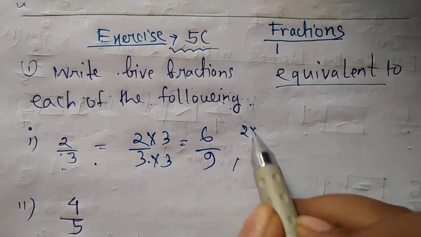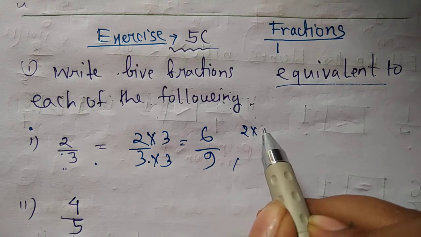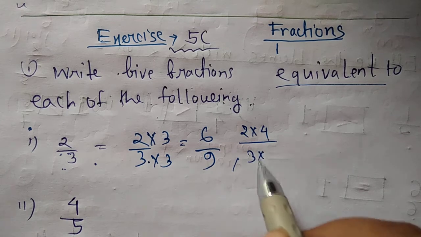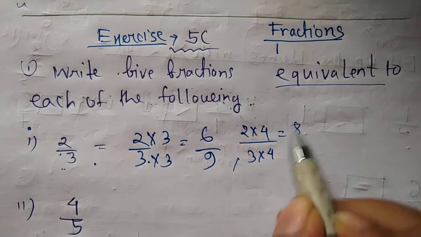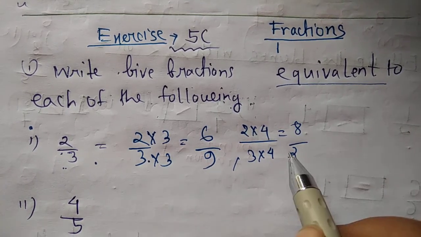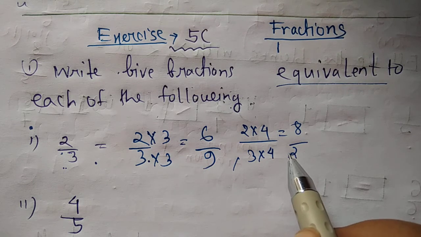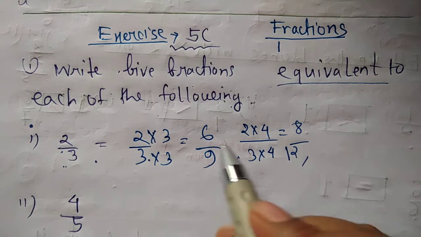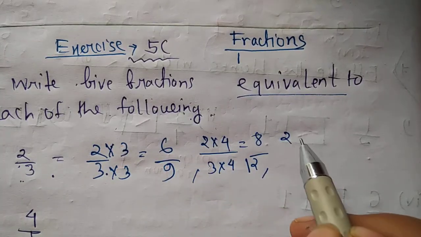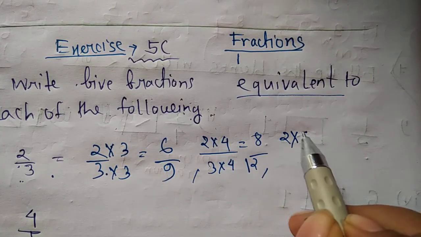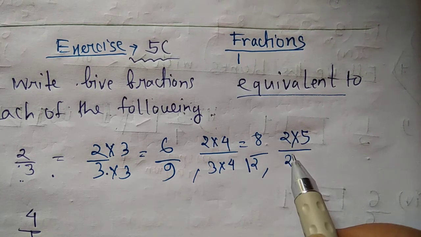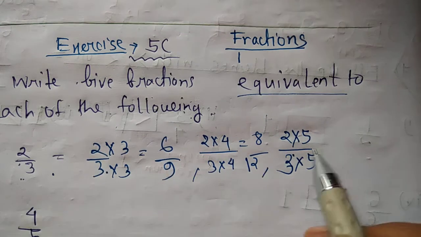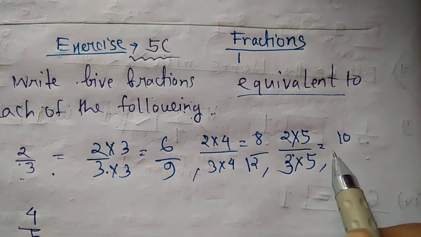Also you can multiply with 3, 2 into 3 and 3 into 3. You get 6 by 9. You can multiply with 4, 2 into 4 and 3 into 4. You get 8 by 12. And you multiply these with 5, so you can get 10 by 15.